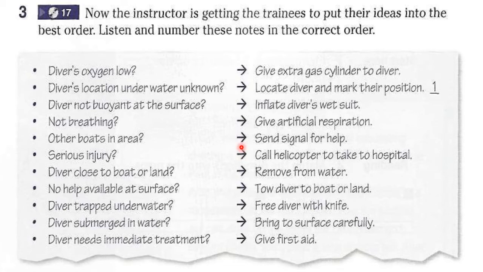This is number 1. Number 2, while listening, always keep your pen in your hand. Number 3, put these steps in the correct order. So please read the sentences first. Thank you for reading the sentences.